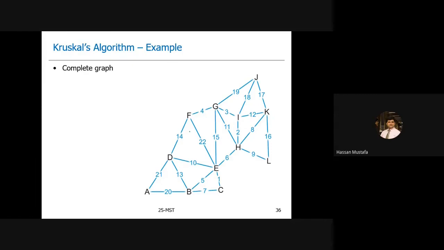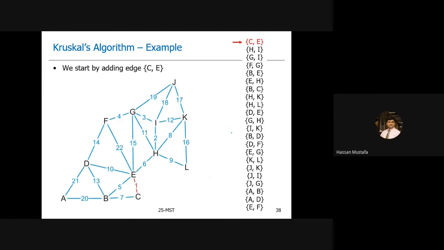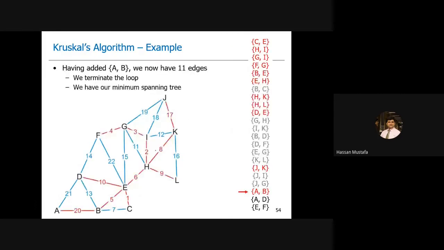From this graph, if I just try to find the minimum spanning tree using the Kruskal algorithm, I would start with the edges sorted in the ascending order of the cost, and then if I just run this algorithm, I would find this minimum spanning tree.